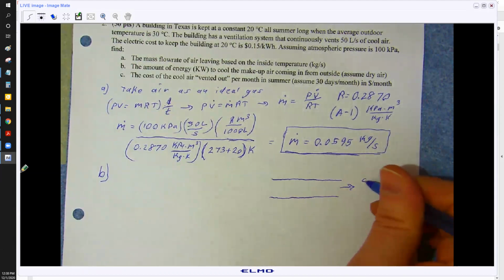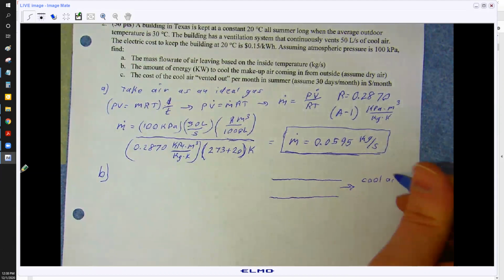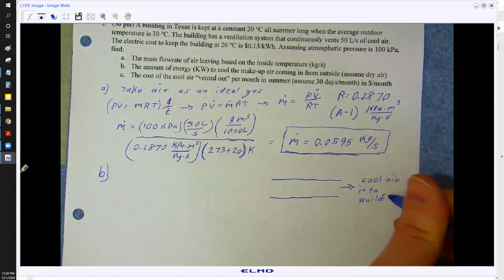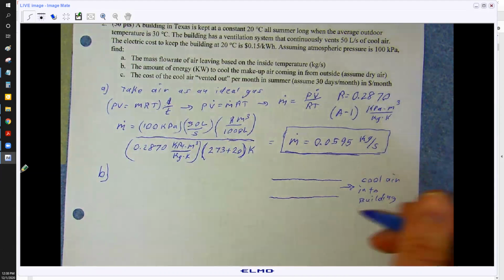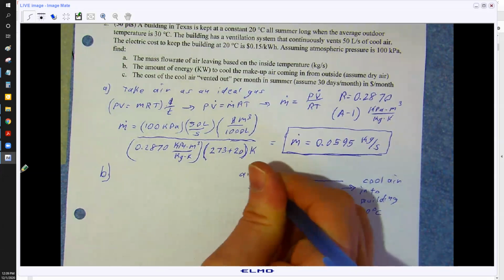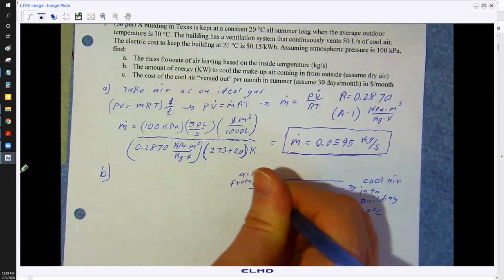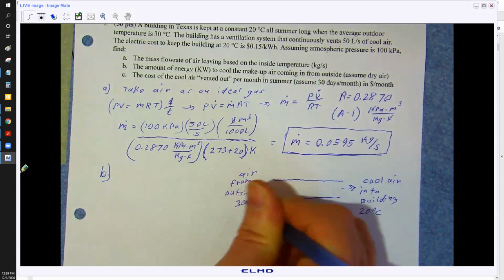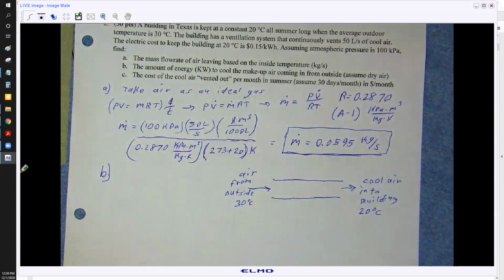So this is cool air into the building, right, that's at 20 degrees C. And this is air from outside, and that's at 30 degrees C. So somehow I need to cool this air down.